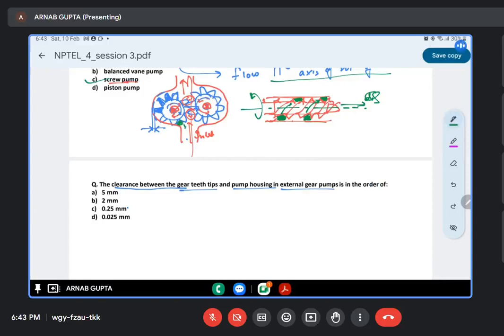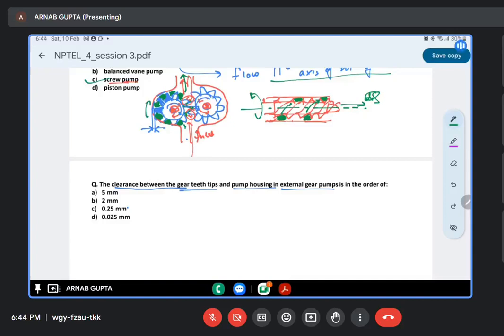When the gear rotates, this particular pocket of liquid will also move along with the rotation of the gear, and when it comes here, its pressure increases and it gets discharged in the forward direction, right? And a very small quantity of liquid may seep through these mating gears. So you can understand that here the liquid is getting pressurized.